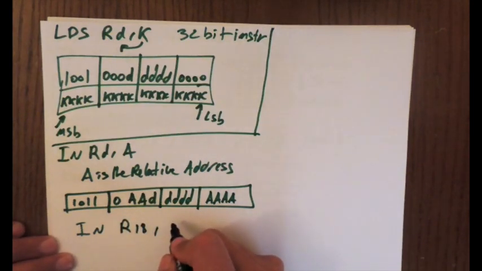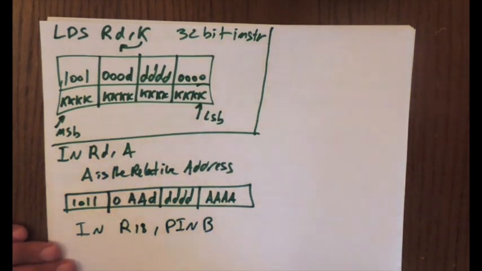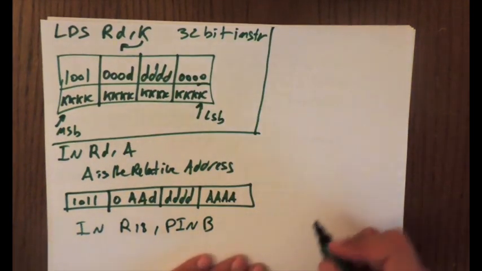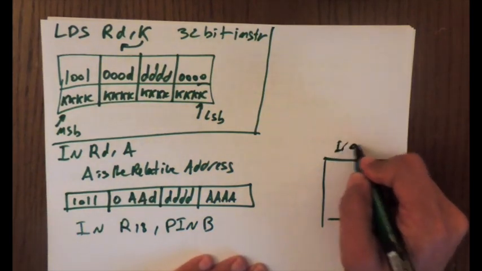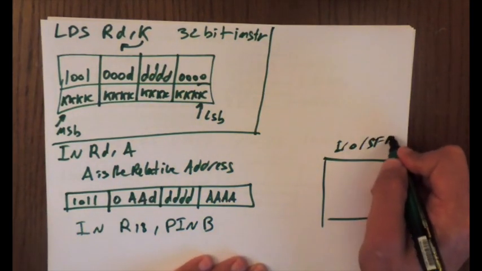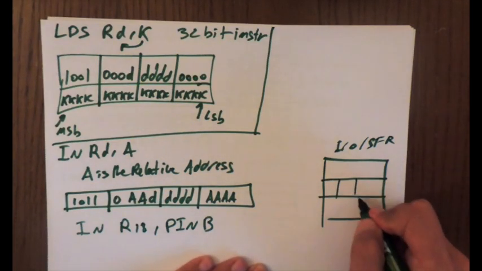So if I take an example, IN R18, PINB. First of all I need to look up what PINB is. I can check the SFR. Let's say this is the IO SFR. We notice that we have 2 addresses for this.